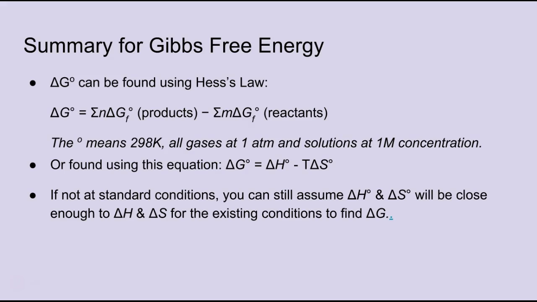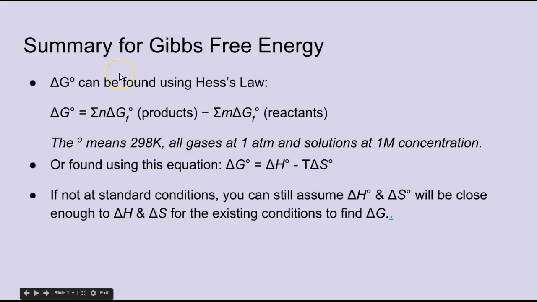So if you're asked about solving for what if we increase the temperature to 1000 Kelvin, or what if we run the reaction at a low temperature at 100 Kelvin or something like that, you can still plug in the temperature that's mentioned in the problem and the enthalpy and entropy naught values, and still use that to get a decent estimation of your delta G.